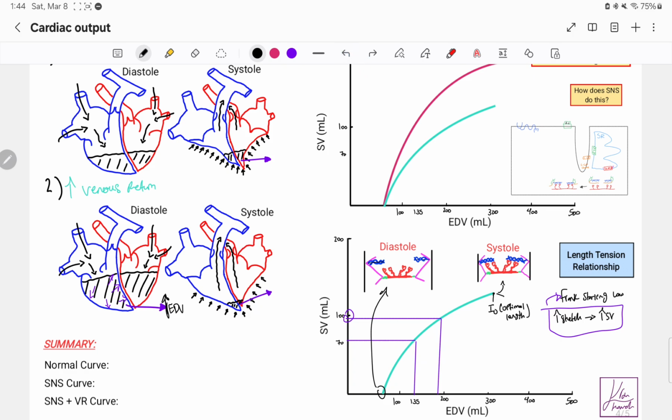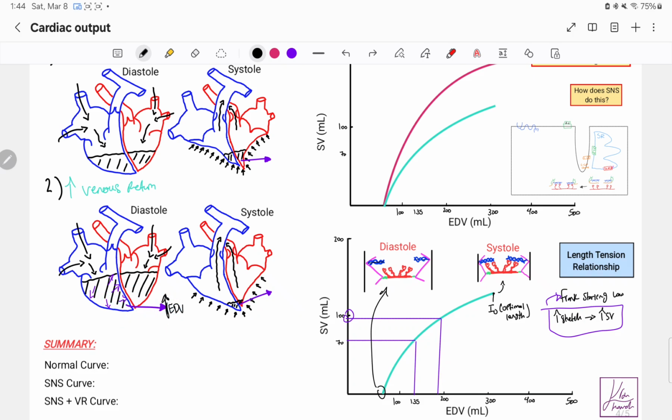So, just to recap, the Frank-Starling law states that if I increase the stretch on my myocytes, I am going to increase the stroke volume. But how am I actually doing that? Well, one way is if I increase the venous return back to the heart during the diastolic phase, I'm going to increase the end diastolic volume.